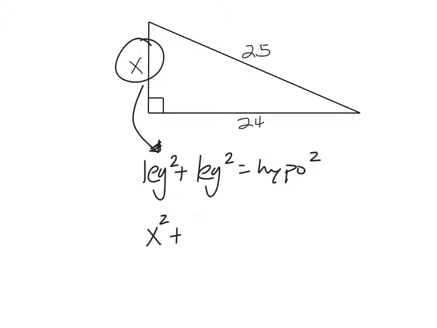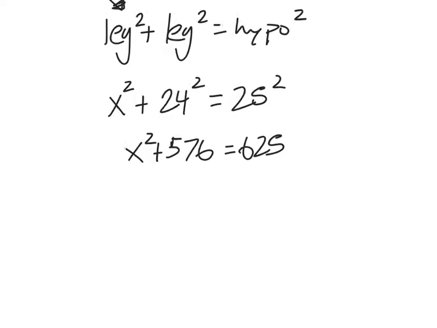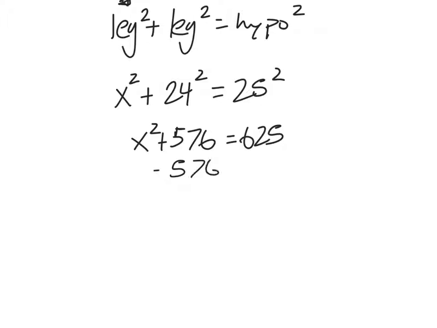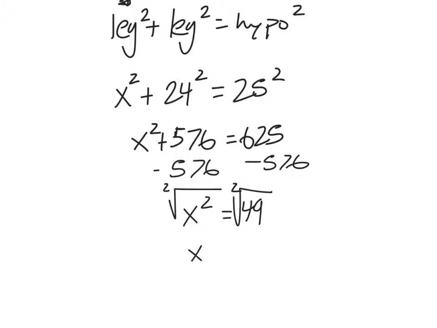X squared plus 24 squared equals 25 squared. X squared plus, let's see, 24 squared is 576 equals 25 squared is 625. Subtract 576 from both sides. X to the power of 2 equals 49. Take the second root on both sides, and x equals 7.